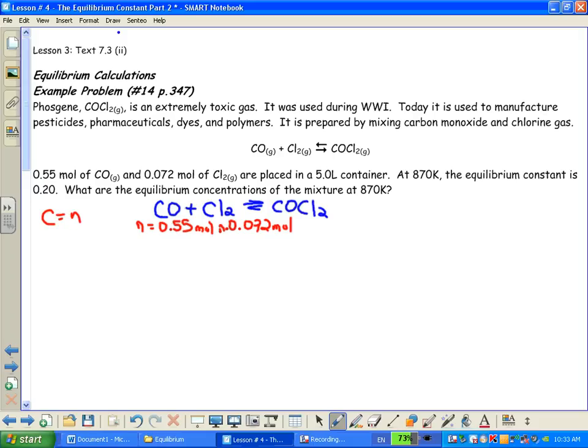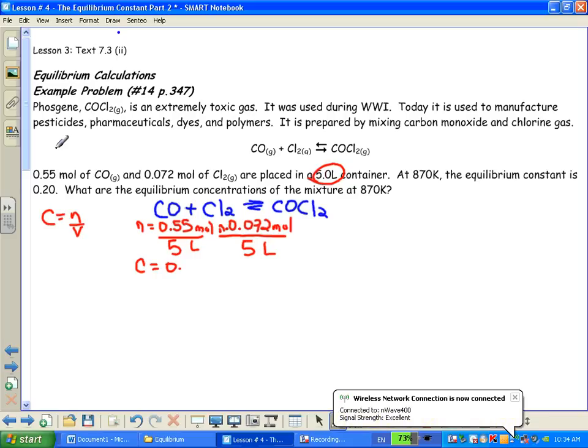Remember, C is equal to n over V. So I see this 5 liters here, so I can divide this by 5 and divide this by 5. When you put that in your calculator, you end up with C is equal to 0.11. And for your chlorine, you end up with 0.0144.